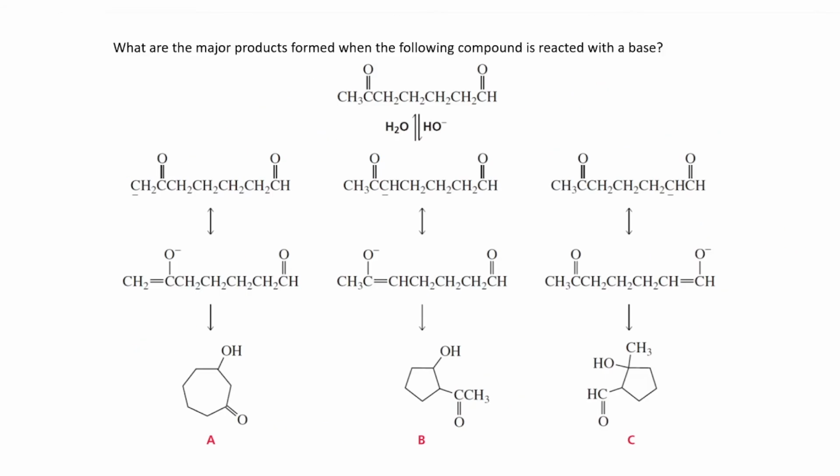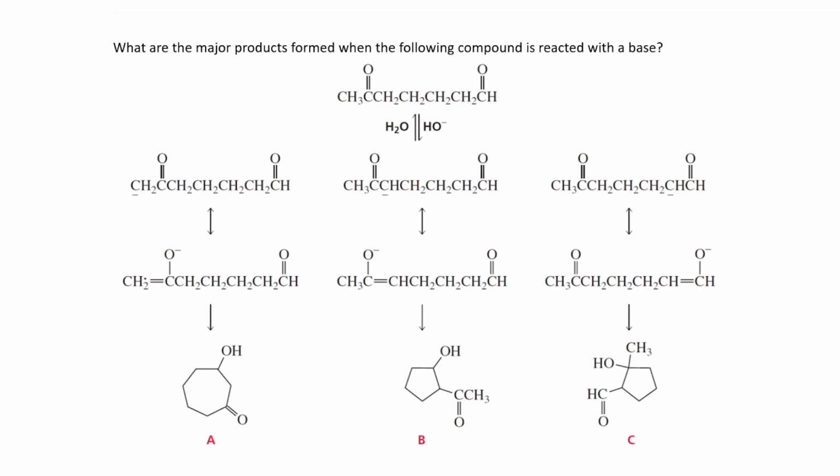What are the major products which are formed when the following compound is reacted with the base? If you recall, in the previous examples, we looked at intramolecular aldol reaction, and here we are just looking at this in a little bit more detail. Let's look at this systematically. We go from left to right, and the enolate that is going to be produced first would be this.